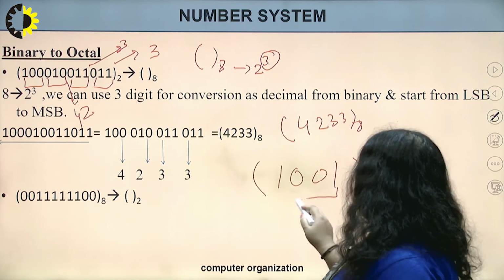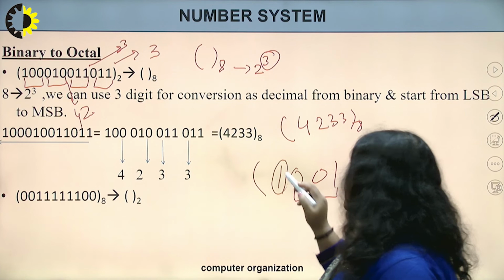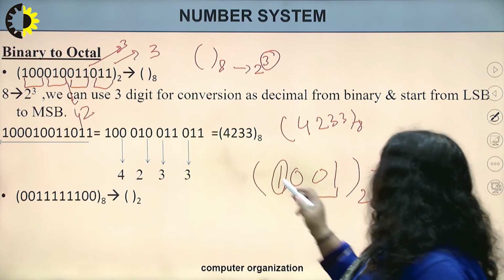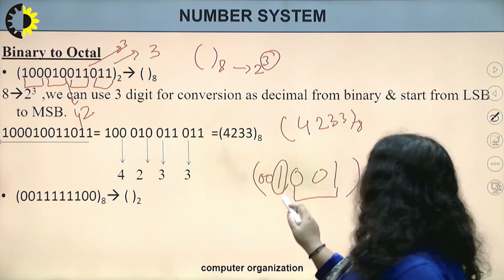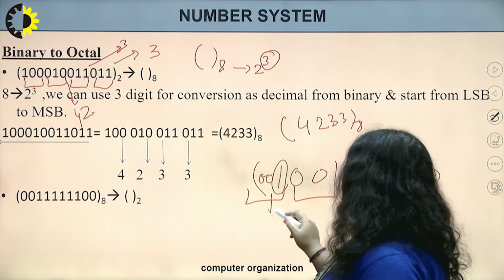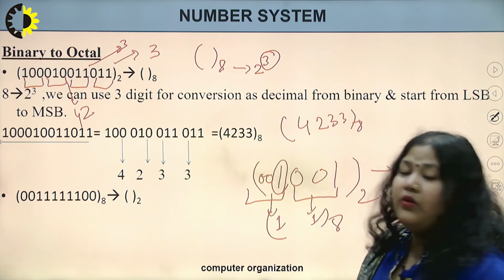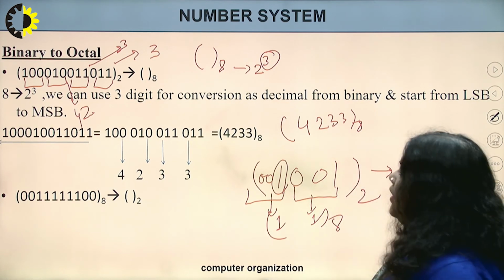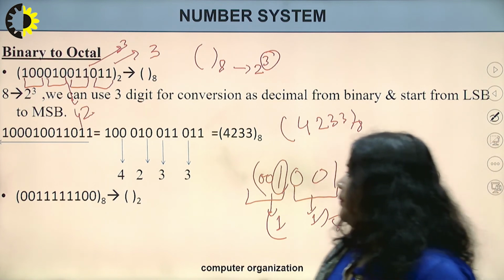Then we take groups of 3 like this, and this single digit is left, so we take 0 0 as the MSB part. So it is basically 1. The answer is 1 in octal. So this is the number representation from binary to octal.